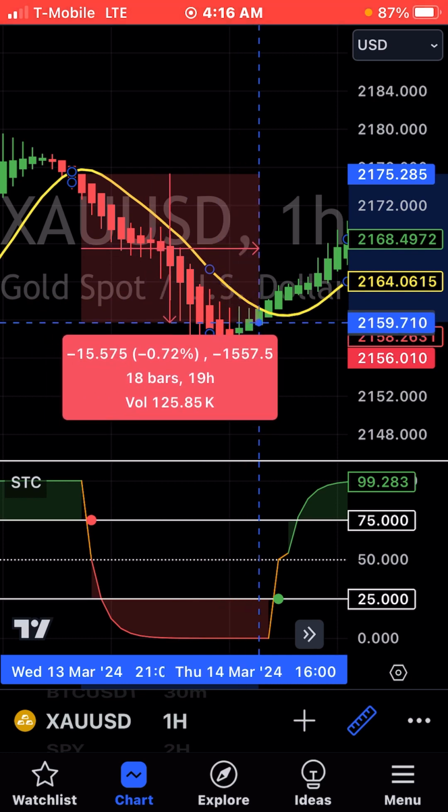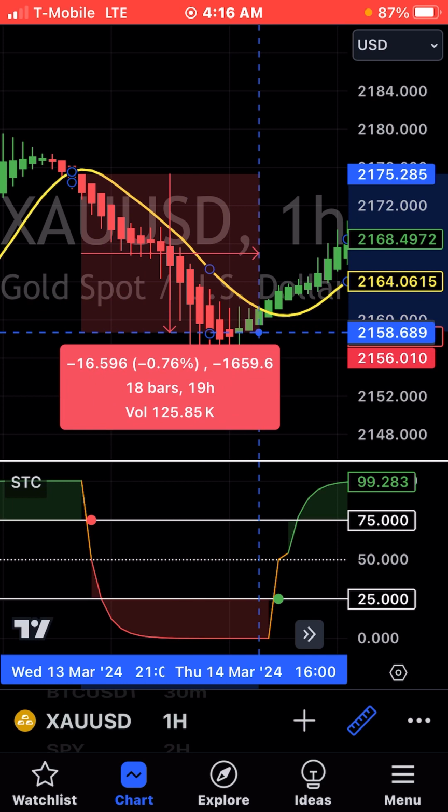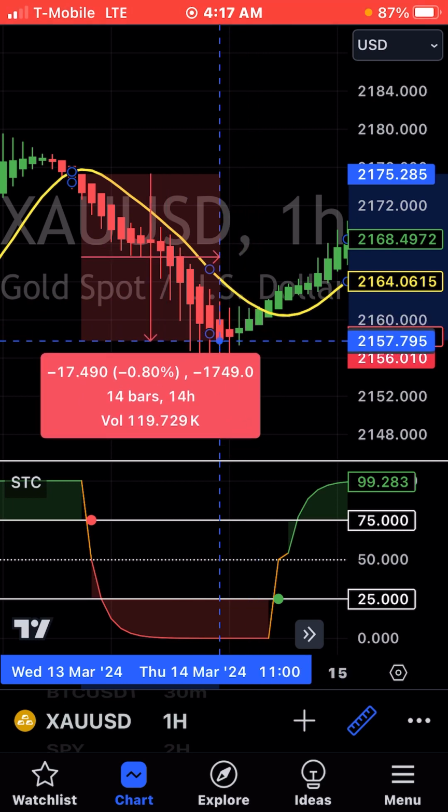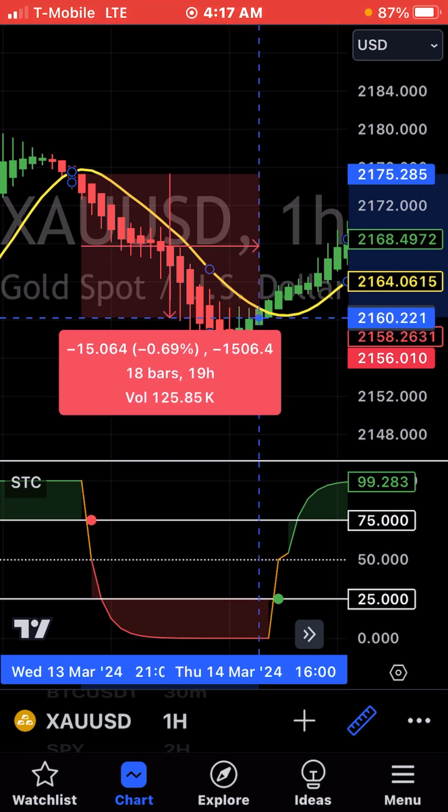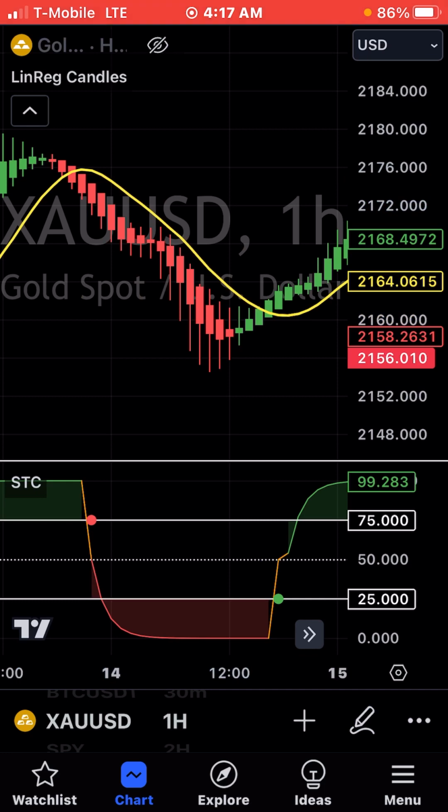From here to here, now I personally probably would have taken profit right about here. But it touches right about here. So this is a 15,000 pip move that, do your own numbers, but at $1 lot size, that's $15,000. So just put that in math in your head.